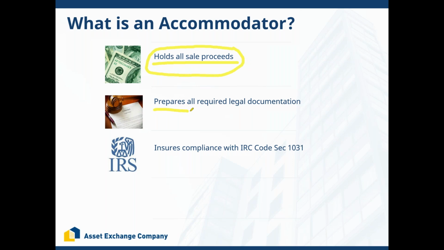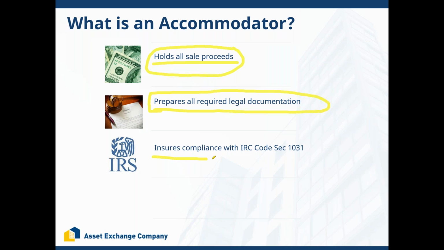Secondly, we are going to prepare all of the legal documents that are required to properly document your 1031 exchange according to all the IRS rules and regulations. The client is going to sign all of our legal documents for both the sale and the purchase properties.